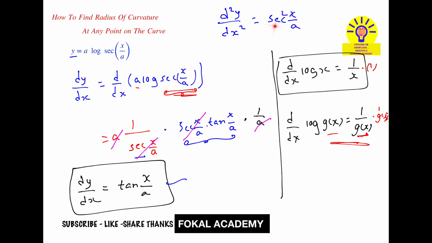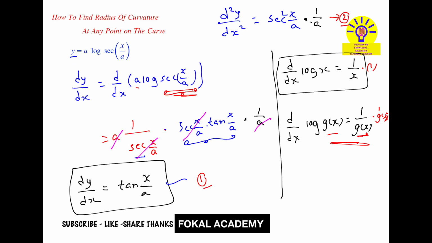This function is again in terms of x, so derivate this function, we will get 1 by a. The derivative of x by a is nothing but 1 by a. Now consider this is equation 1 and this is equation 2. Now substitute these two equations in the radius of curvature formula.